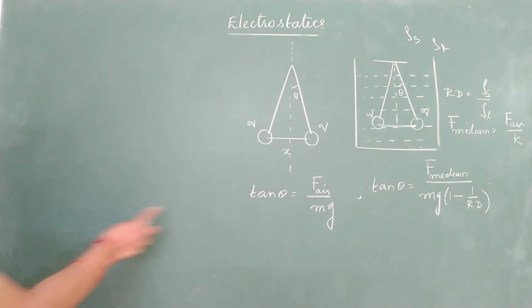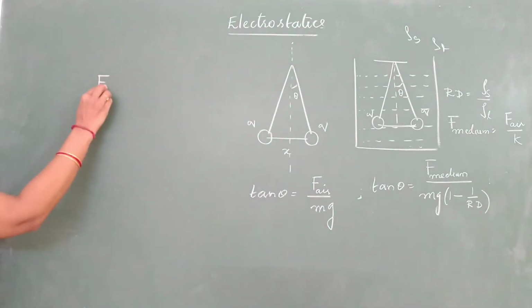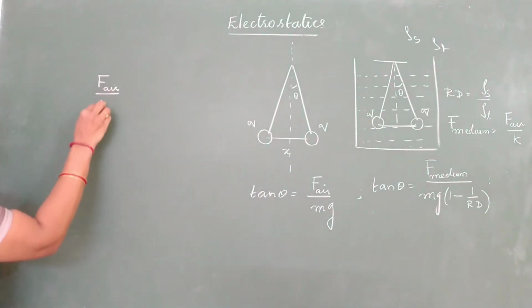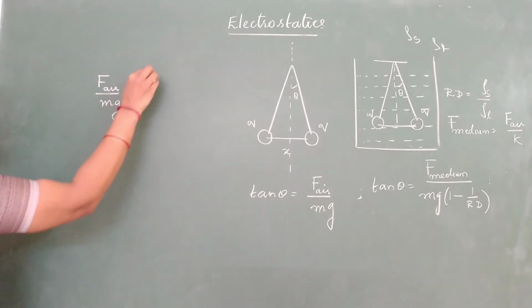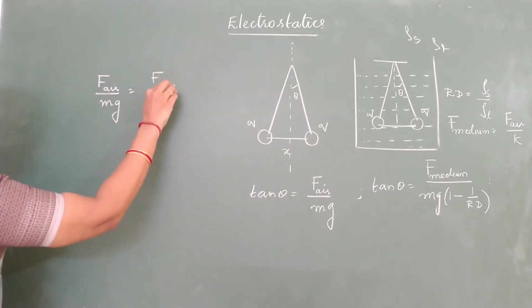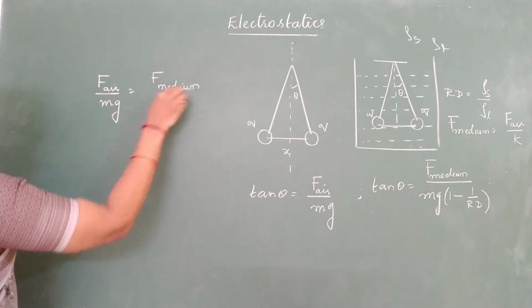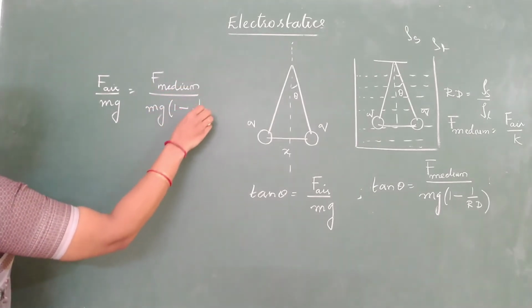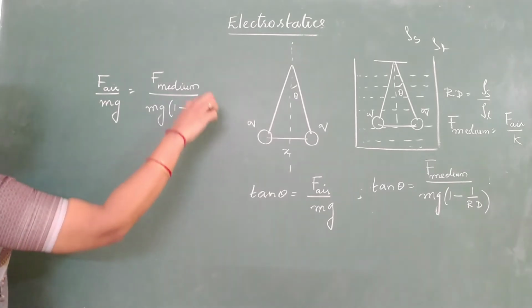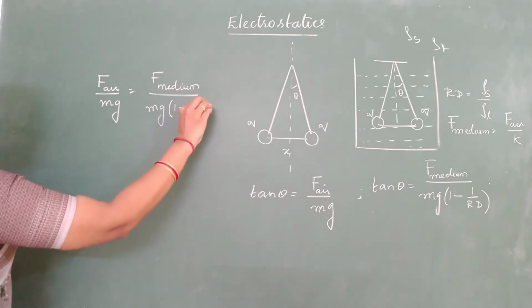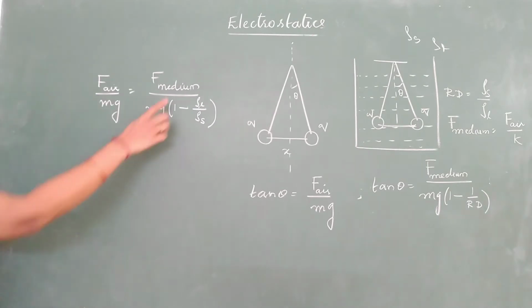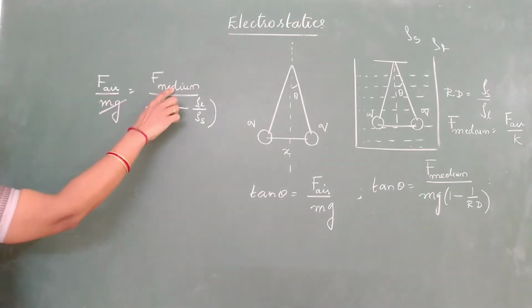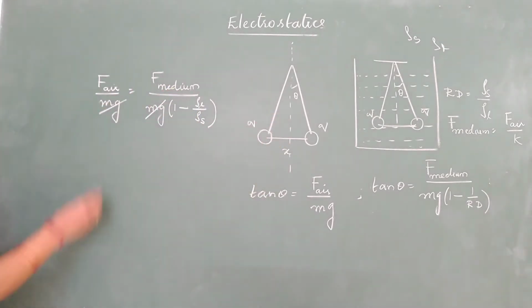Force in air by mg is force between the charges in the presence of a medium by mg into 1 minus 1 by density of solid by density of liquid. I'll reverse the fraction on the right. And we know force in medium is nothing but force in air divided by k.